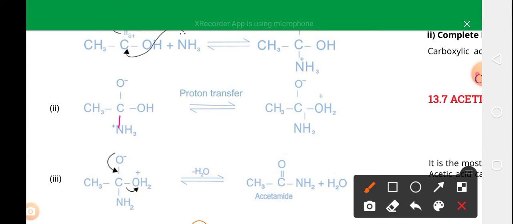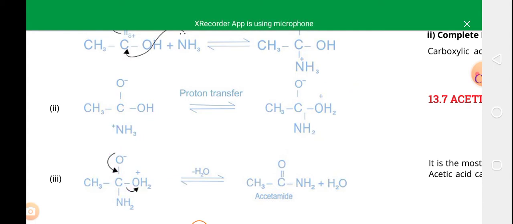One hydrogen transfers from NH3 positive to OH, this hydrogen. Oxygen becomes positive. Finally, loss of a water molecule takes place. This electron pair of oxygen comes between oxygen and carbon. Acetamide is formed due to dehydration or loss of water.